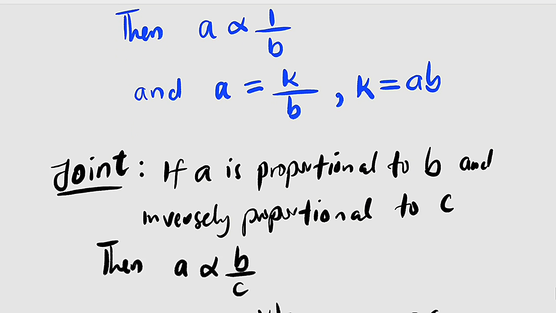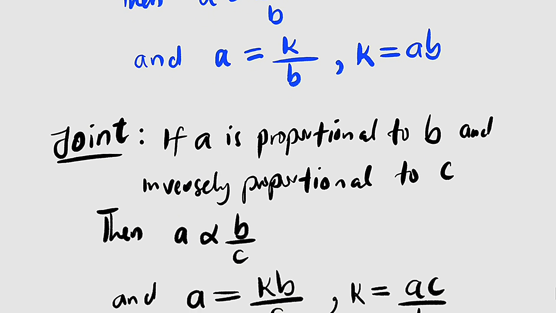Then the joint, sometimes I told you can have a combination of one of them or the two of them. So if A is proportional to B, once you hear proportional without mentioning whether it is direct or inversely, you should consider it as what? Direct variation.